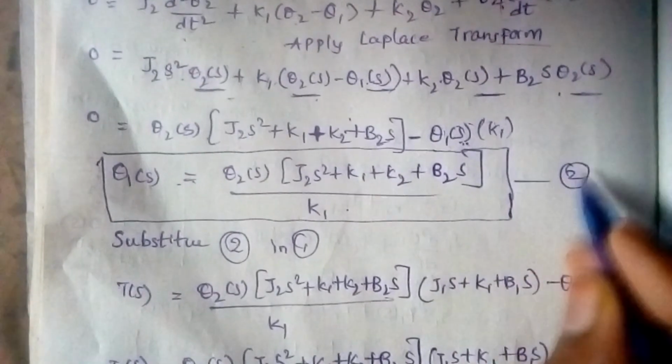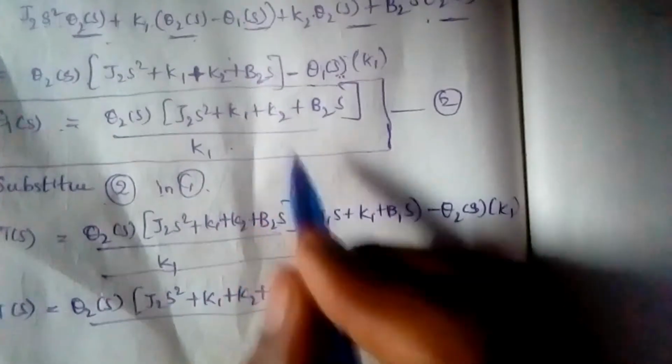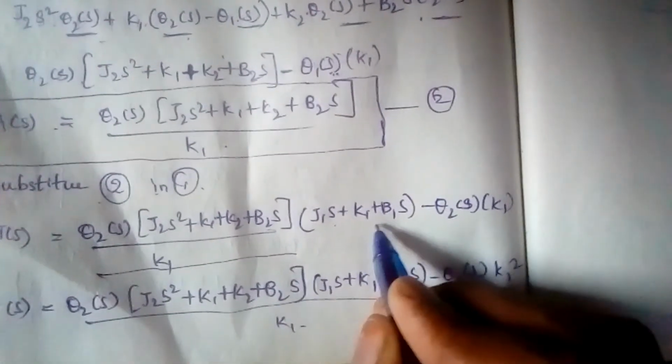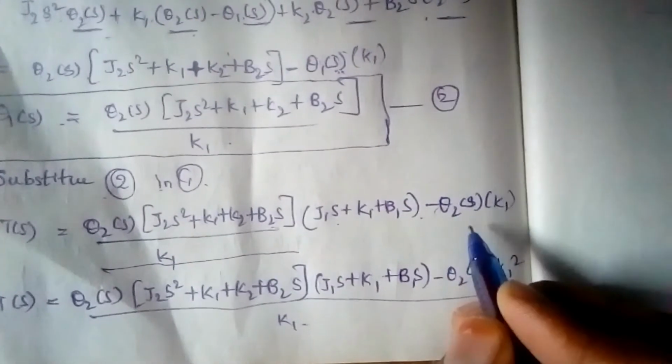This is the second equation. Substitute 2 in 1: substitute this equation in the first equation in place of theta 1 of s, so we get (J1 s square plus B1 s plus K1) theta 1 of s minus K1 theta 2 of s in the first equation.